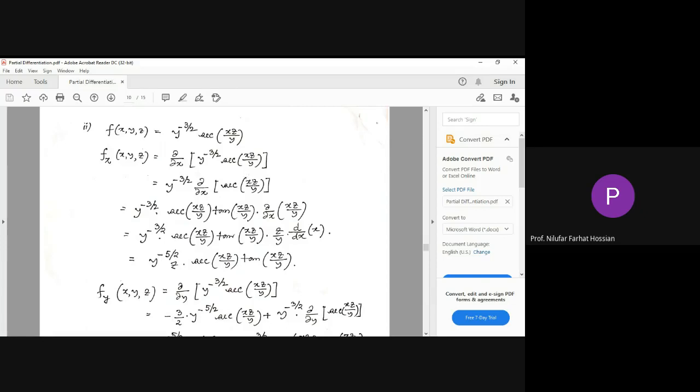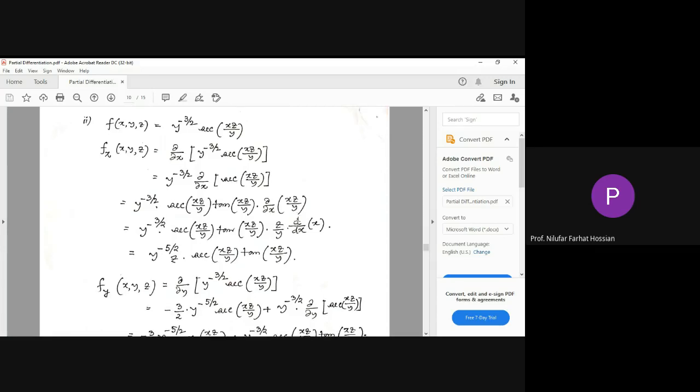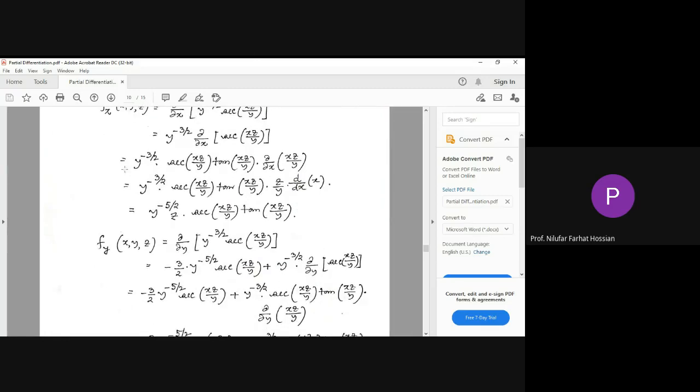But this is not simply x, it is xz by y. So you have to multiply by what? Partial derivative with respect to x of this, del x of xz by y. So here this whole thing should remain there, and here it is a partial differentiation with respect to x. So this z over y can be taken as a constant factor outside the differentiation.